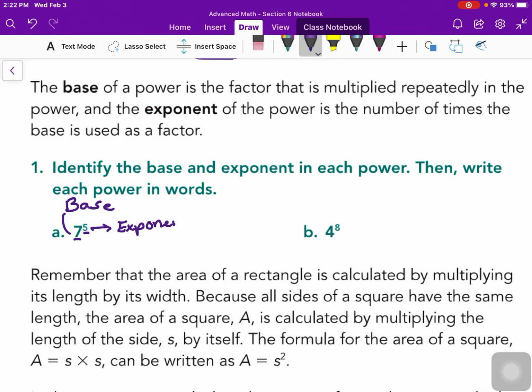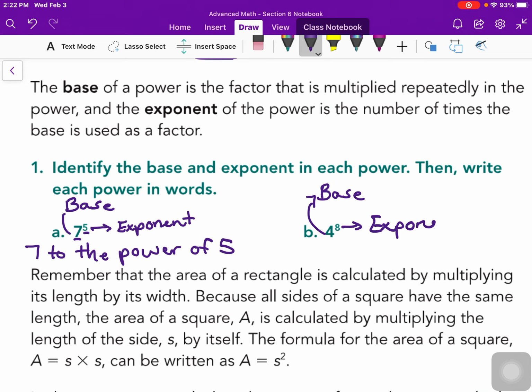We would call this 7 to the power of 5, or 7 to the 5th power. This one, the base would be the big number, the 4, and the exponent would be the 8. Again, we could call this 4 to the 8th power, or 4 to the power of 8.